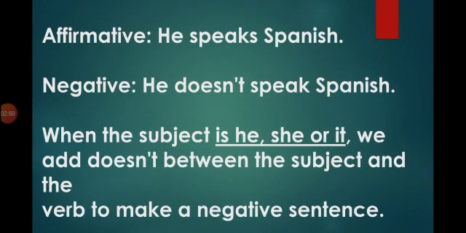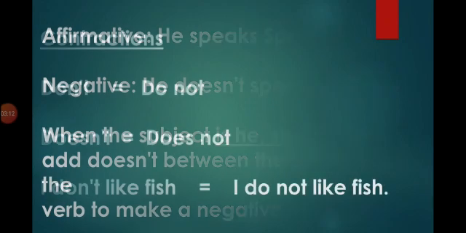So make sure here that with I, you, we, they, plus a plural noun, I use don't. With he, she, it, or a singular noun, I use doesn't. So make sure to remember these rules.